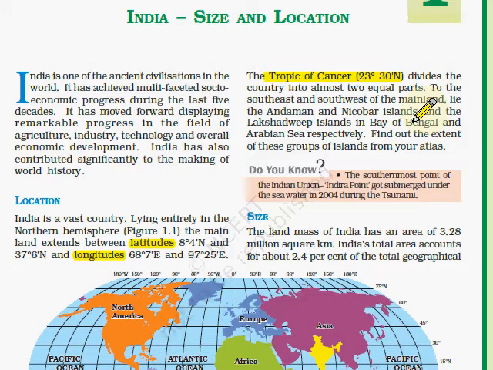The southernmost point of the country is called Indira Point, in Andaman and Nicobar, and it was submerged during the tsunami. Considering the size of our country, the area is about 3.28 million square kilometers, which is 2.4% of the total geographical area of the world.